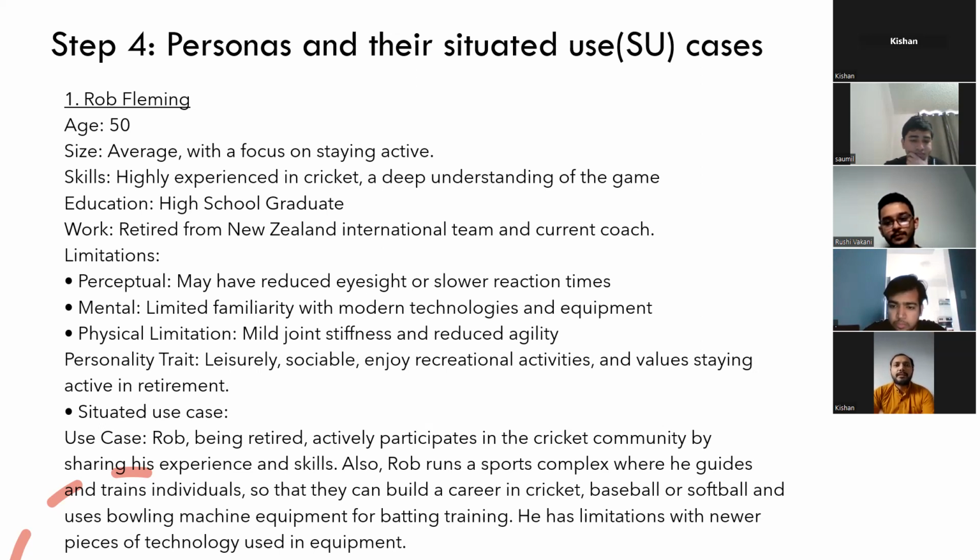He has some problems like eyesight and slow reaction times. He has a problem controlling the machine because he cannot play with the adjustable speeds, and for that limitation he uses good technology.